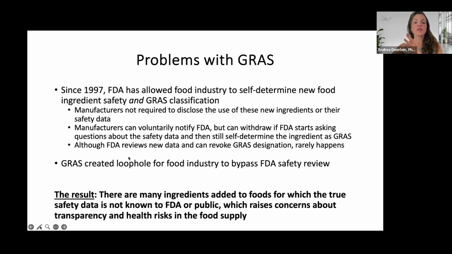So it has created a loophole for the food industry to bypass FDA safety review with many new food ingredients. And so the result is that there are ingredients added to our foods for which we really don't know the true safety data, because it's not necessarily known to the FDA or known to the public. And so this does raise concerns about the transparency as well as health risks that might be in our food supply.